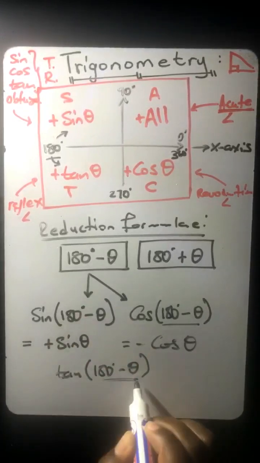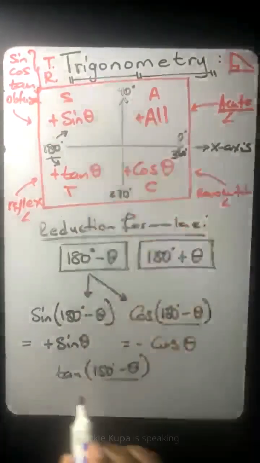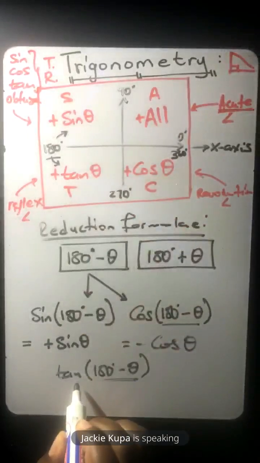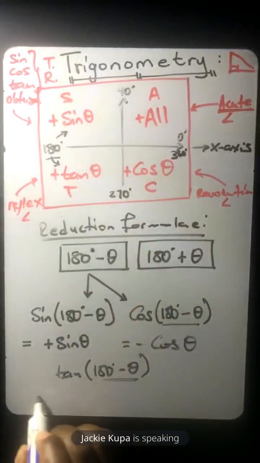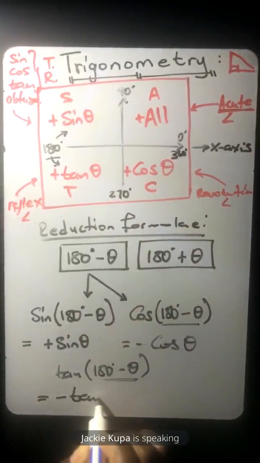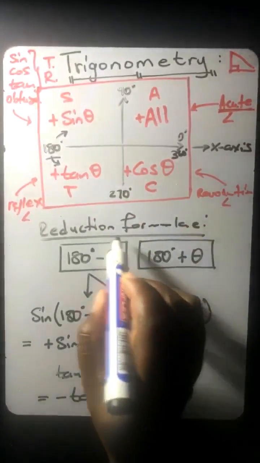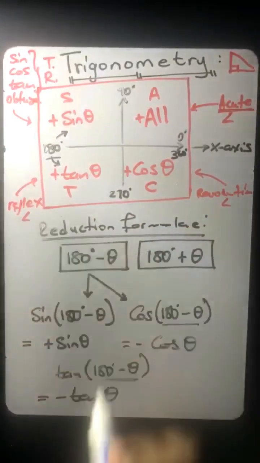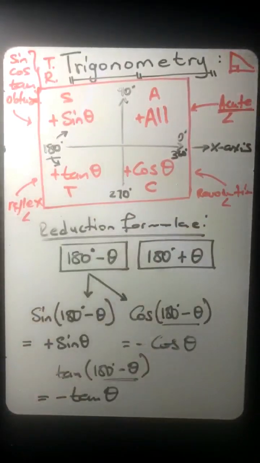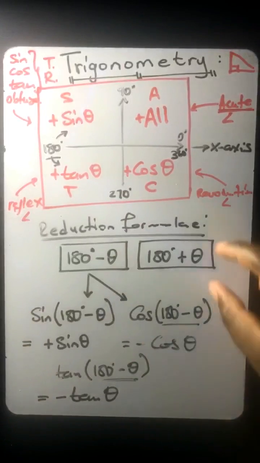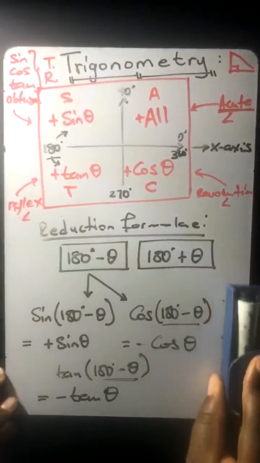So in the second quadrant. Then is tan in the second quadrant positive or negative? It's negative. That is why you're going to say negative tan of an angle. So that's all that you need to know regarding that reduction formula. Let's quickly move on to this one.